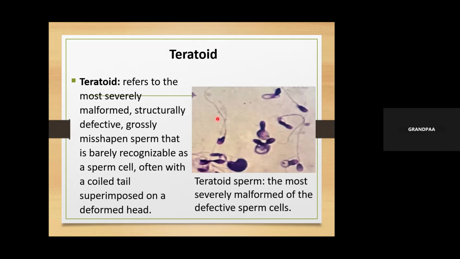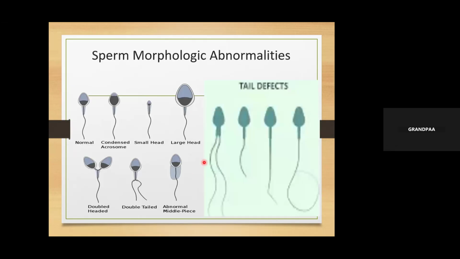They are sperms, but you may have to look and look again before you convince yourself this is a sperm. Otherwise, you may not recognize them as sperms. So teratoid sperm are the most severely malformed of the defective sperm cells.